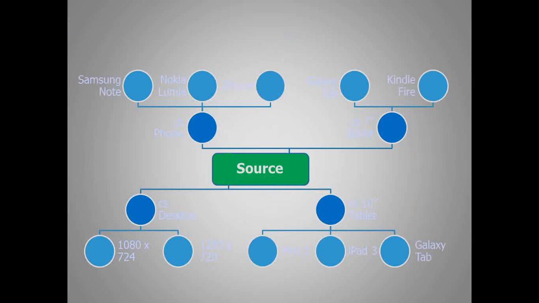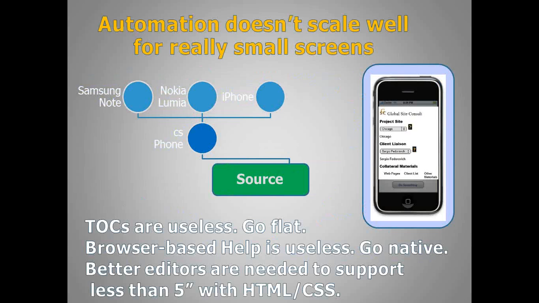Going back to the example I showed earlier with the different output targets, that automation doesn't scale well for small screens. Related to that is the table of contents.